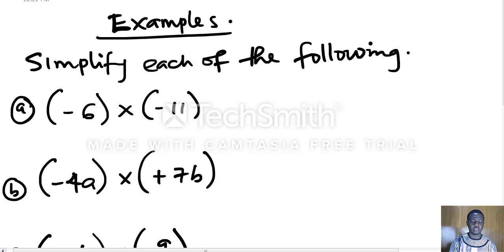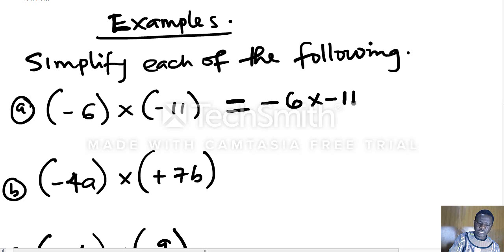Okay, let's take some examples that will simplify the following. A says minus 6 times minus 11. Remember what I told you on the multiplication rule, that when you are multiplying two negative signs, this becomes minus 6 times minus 11, which is equal to, I'll first of all multiply the signs.